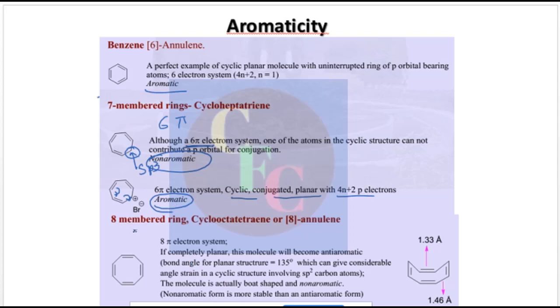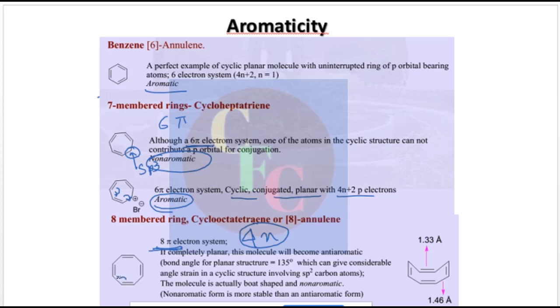For the 8-membered ring, suppose octatetraene, this one has an 8 pi electron system. This is a 4n system, right? And this looks planar, and this is also conjugated.